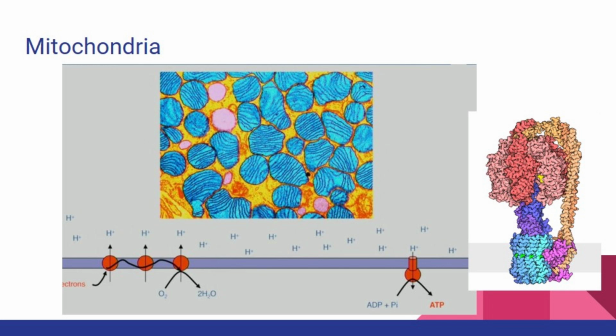Very active cells have about 2000 mitochondria. Mitochondria are the powerhouse of the cell. That's how we define mitochondria. And the ATP molecules are synthesized at the membrane of the mitochondria.